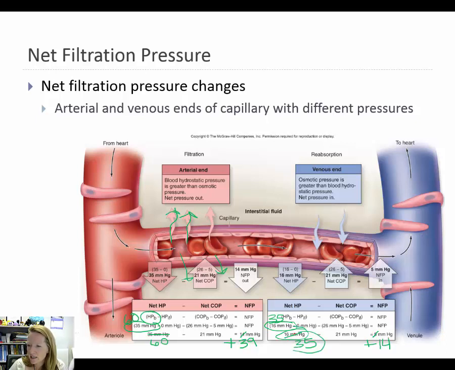Hydrostatic pressure is going to be greater than colloid osmotic pressure on the venous end, which is not good. That means you have more filtration occurring on this end, and you're not reabsorbing the fluid that just moved out on the arterial end. So all of this fluid is going to be pushed out into the tissues, and it might get trapped there.